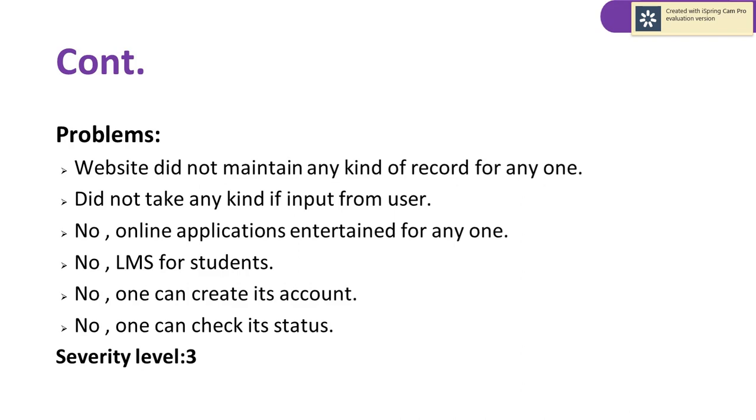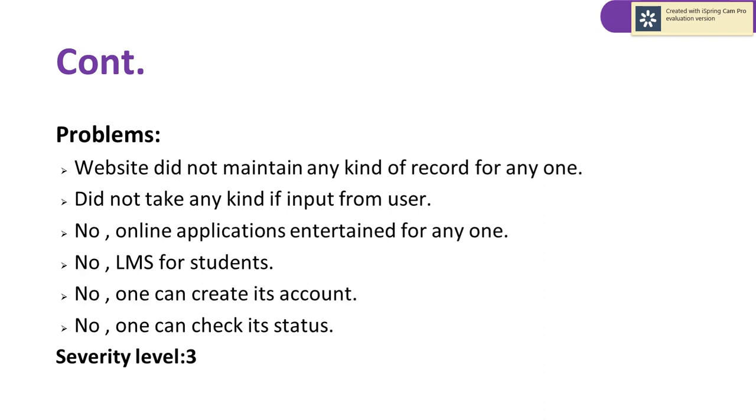So the problems which I have sorted out and highlighted: the website did not maintain any kind of record for anyone, did not take any kind of input from users, no online applications are entertained, and there is no LMS for students. The university website did not provide a learning management system for its students, and no one can create an account.